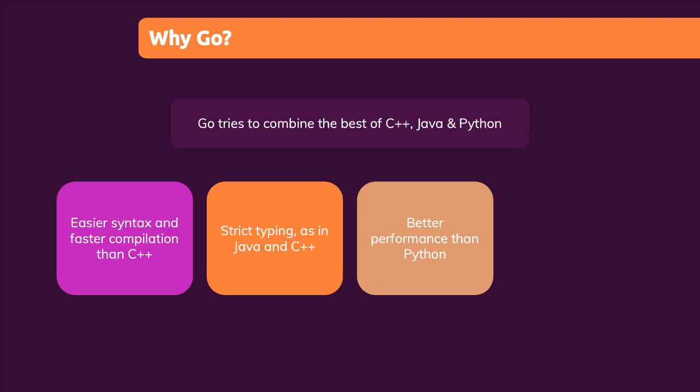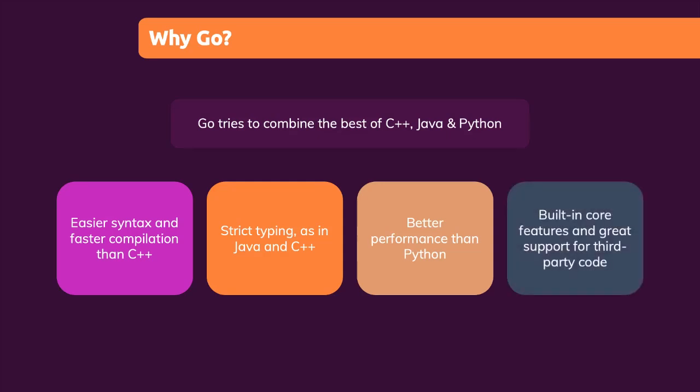Performance there can be worse with Python than with other programming languages. And they also wanted a lot of built-in core features so that Go is ready to use without having to install a bunch of third-party libraries right at the start. But at the same time, they of course still wanted great support for third-party code and third-party libraries.